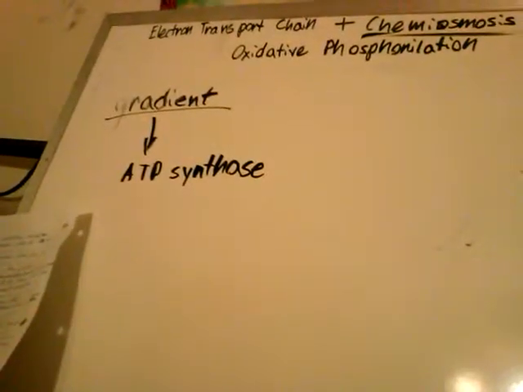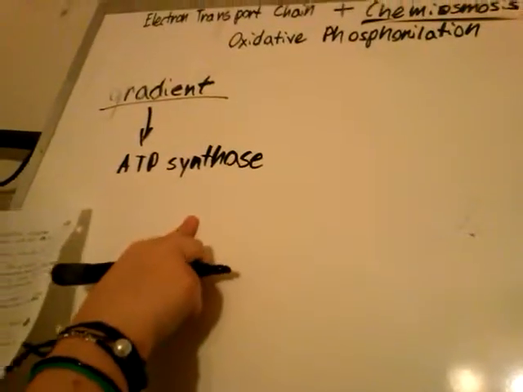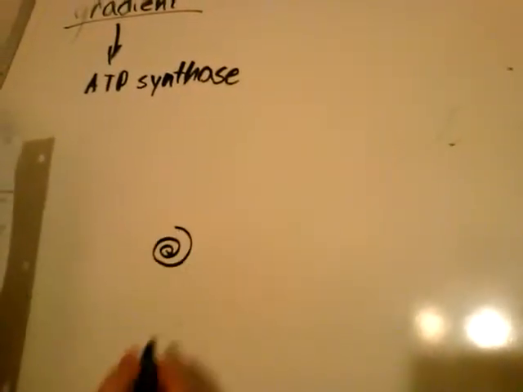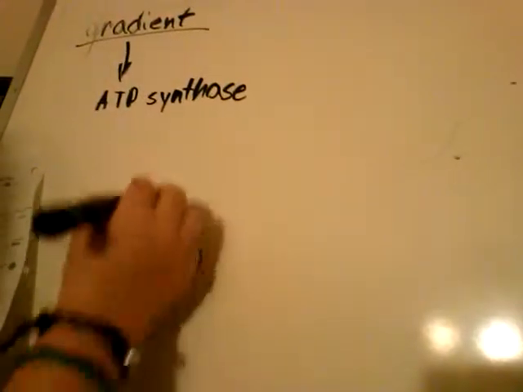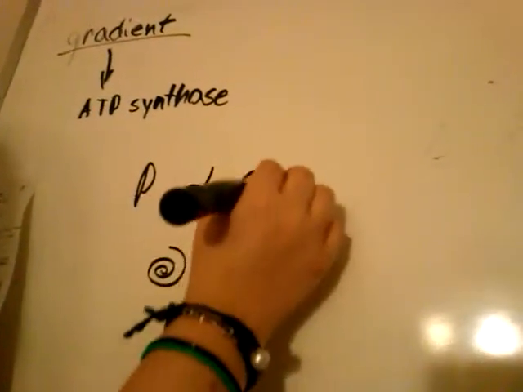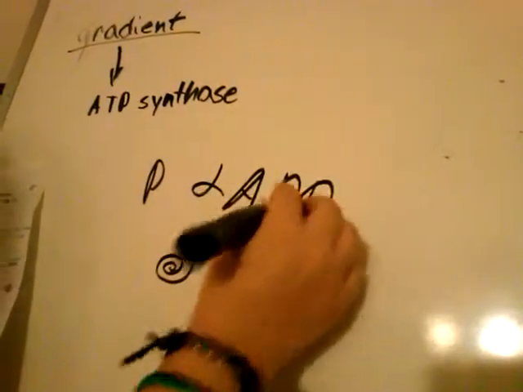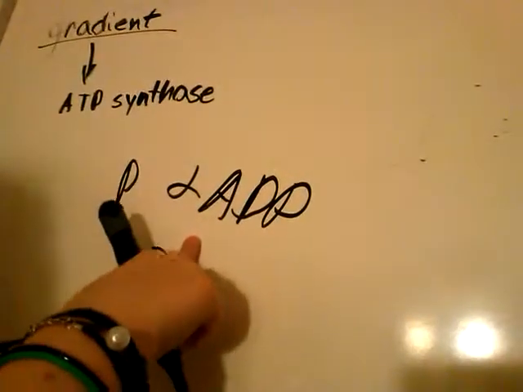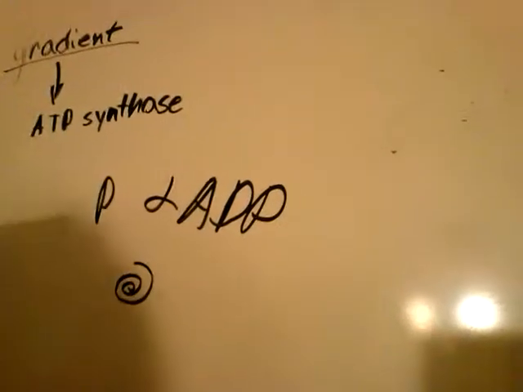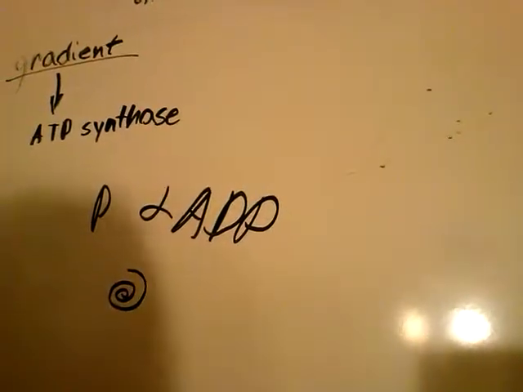ATP synthase is kind of like a boat motor. It will spin around, and as it spins, it takes phosphate and ADP, adenine diphosphate, and we want adenine triphosphate.